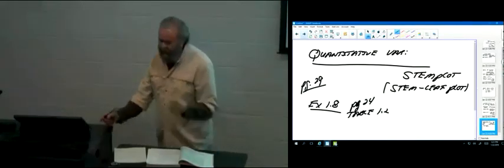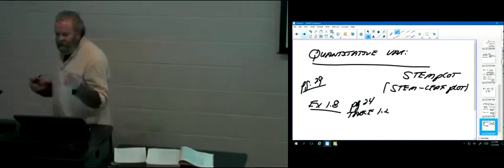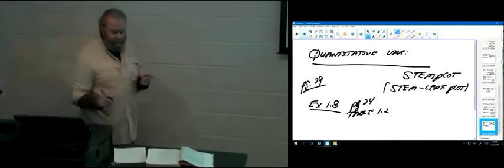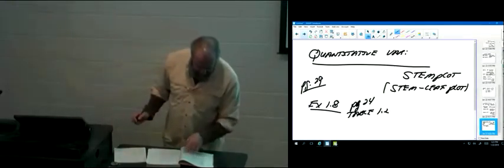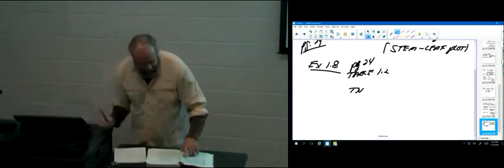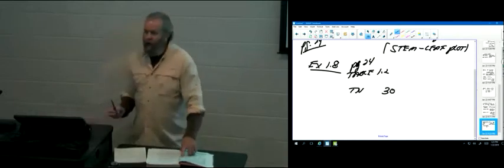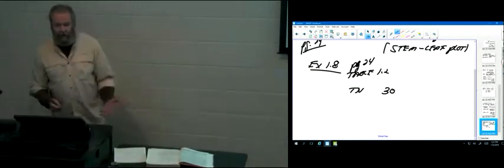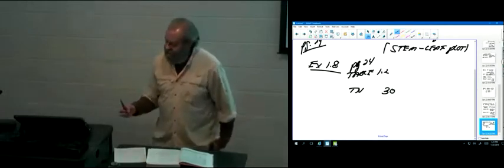So for me to start making stems and leaves, take Tennessee, for example. Even if you don't have a book, I'll tell you Tennessee's value is 30. In other words, 30% of the state of Tennessee's population aged 18 to 34 is considered a minority. I need to make a stem and a leaf.